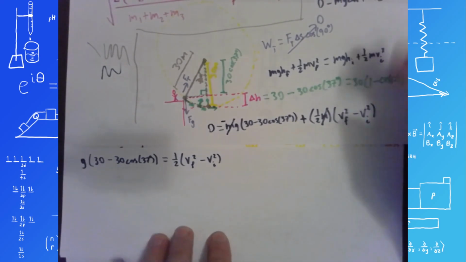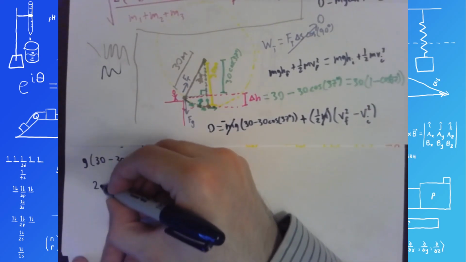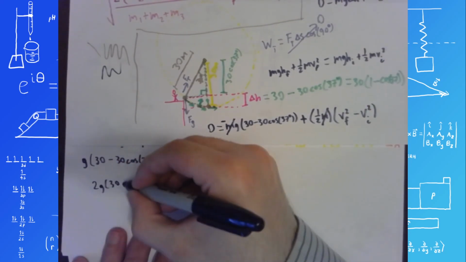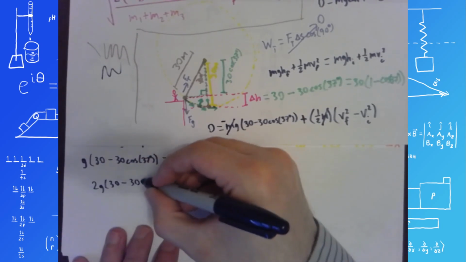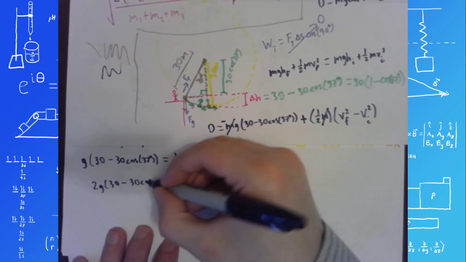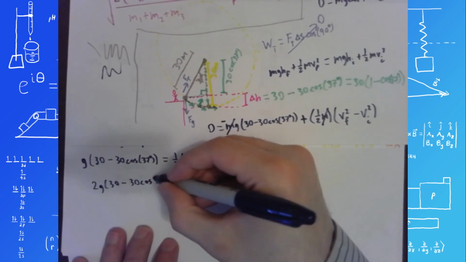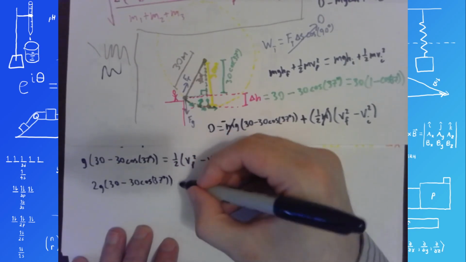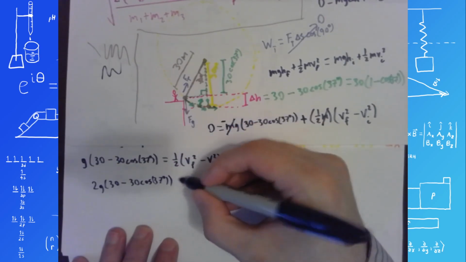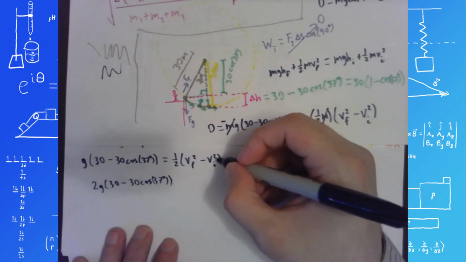Multiply by 2 on both sides, so we get 2g (30 minus 30 cosine 37) equals v final squared minus v initial squared.